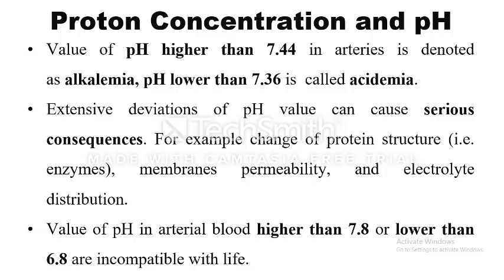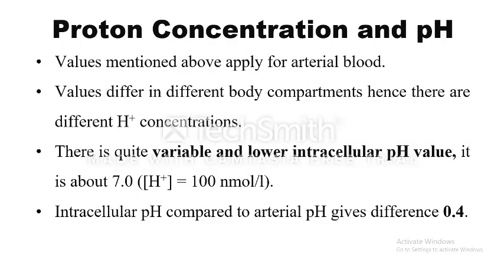So life is not possible if arterial blood pH is higher than 7.8 or lower than 6.8. The values mentioned above apply only to arterial blood. You should keep that in mind.